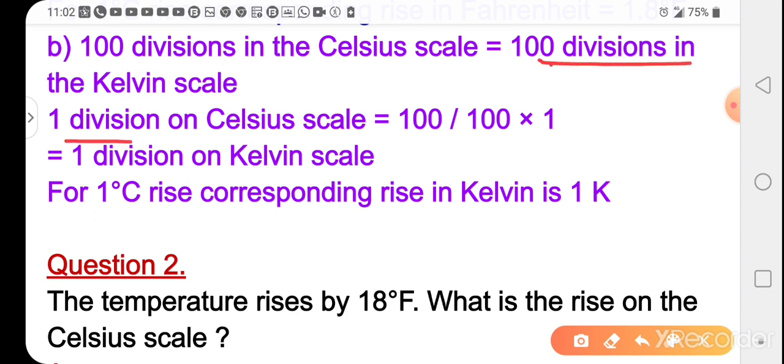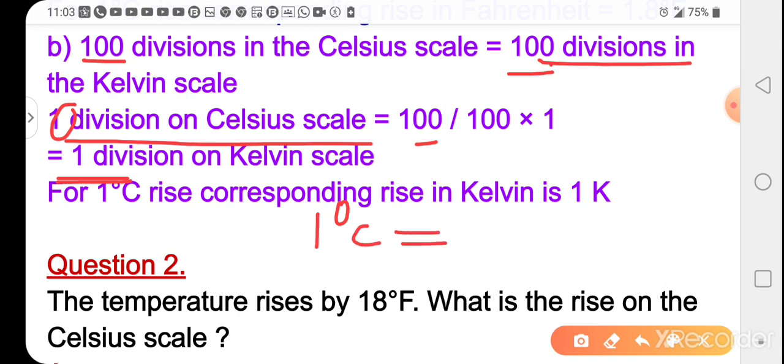Therefore, 1 division on the Celsius scale is equal to 100 by 100 into 1, so we will get 1 division. That means 1 division on the Celsius scale corresponds to 1 division on the Kelvin scale. Okay.